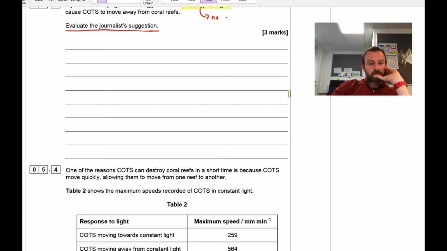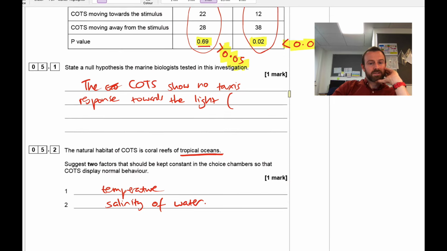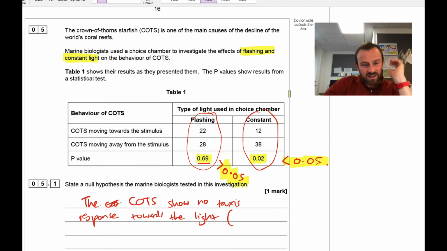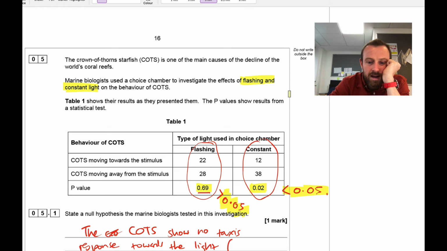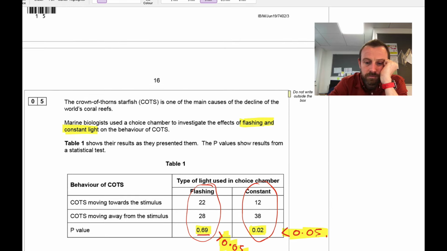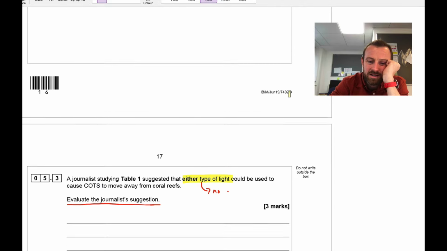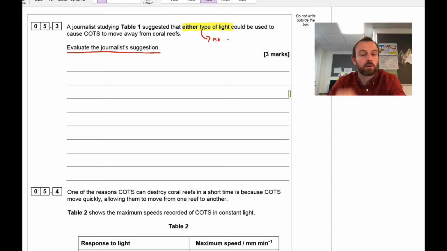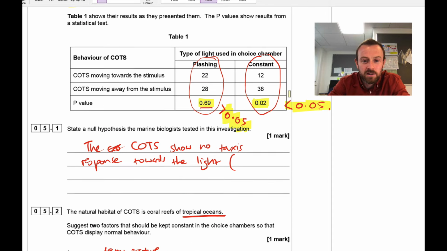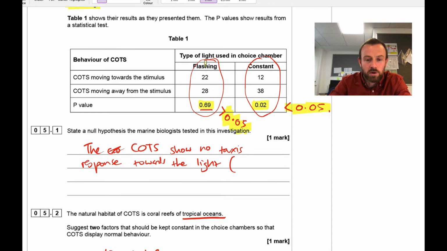Other things, this seems a bit silly. We've only done this in a choice chamber, and we don't know anything about the light intensity, I would say. This is my practical consideration. I don't know if it'd be in the mark scheme. Basically this is a small choice chamber where you've got a constant light that makes the starfish move away.